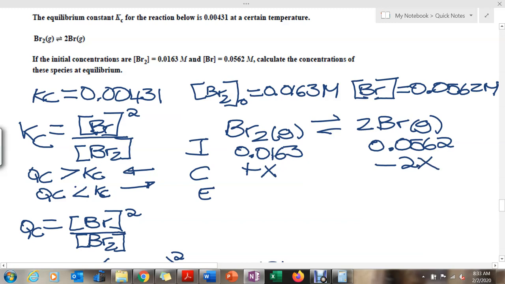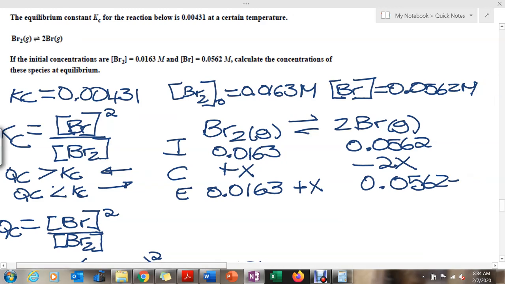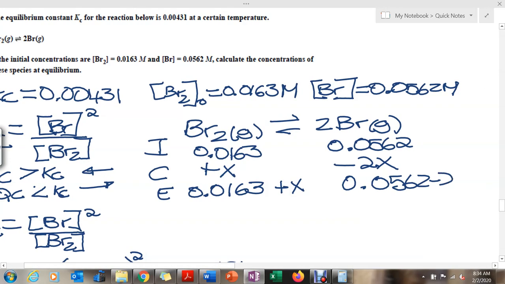So the final concentration in equilibrium, 0.0163 plus x, and here 0.0562 minus 2x.